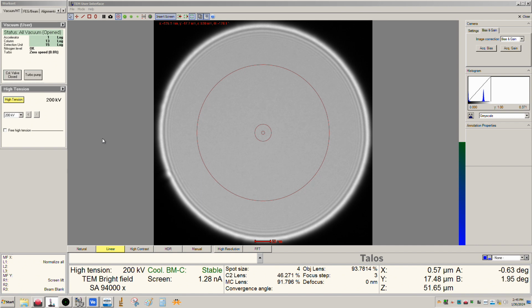We could even burn a hole straight through the sample as well. That's something you could do while talking about STEM as well. So that's what we're going to discuss today.